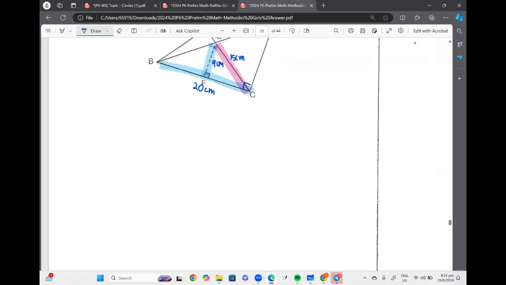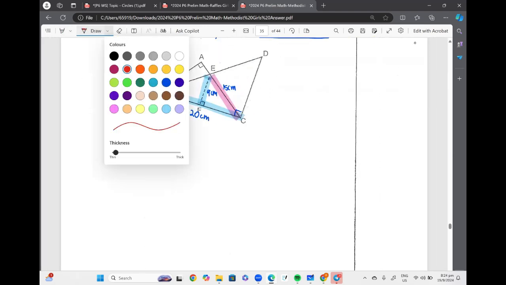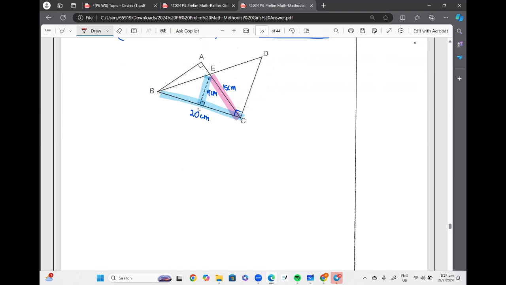With the information I have, I can quickly go and find the area of triangle BEC. Area of triangle BEC equals half multiplied by 20 multiplied by 9. Cancel 10, and I'll get an answer of 90 cm squared.